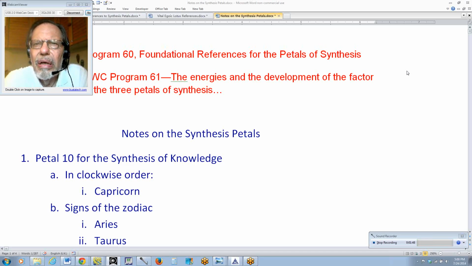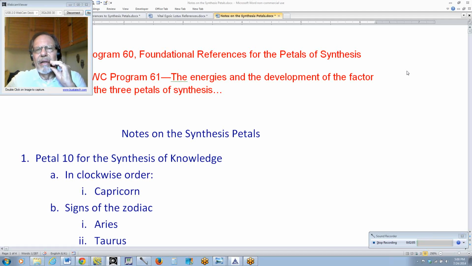And they are only partially open before the 3rd degree. At each initiation, we are told, there is some unfoldment of one of the synthesis petals.